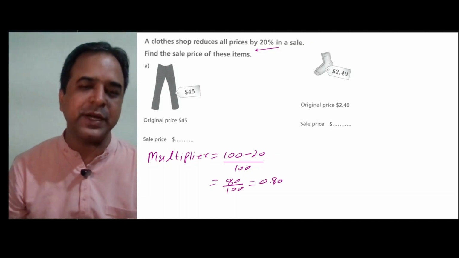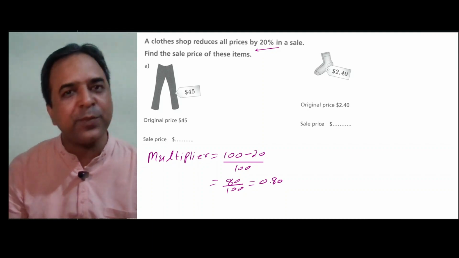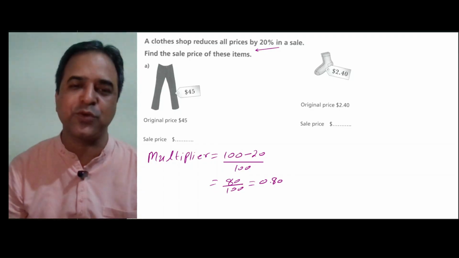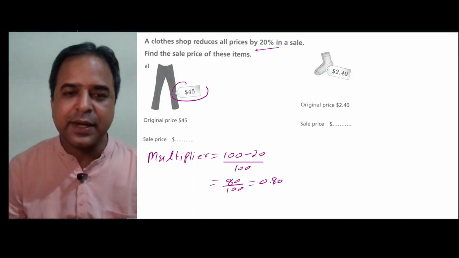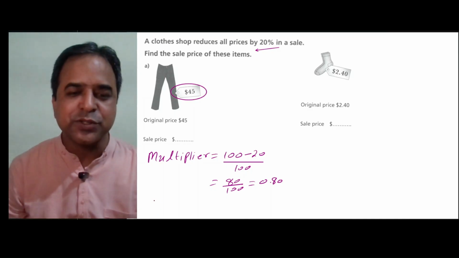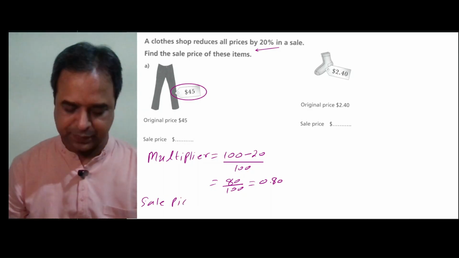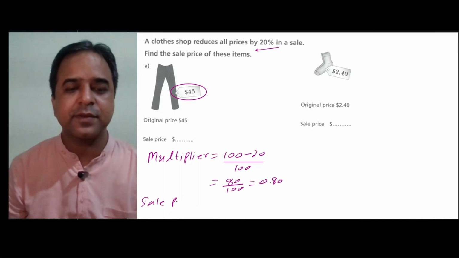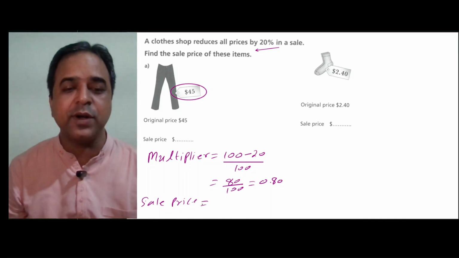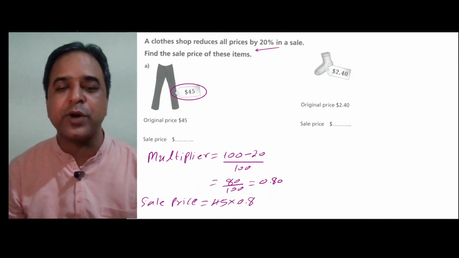So this is your multiplier. Now they are asking to find out the sale price. How will you find it? You just need to multiply the multiplier with the original price. So sale price will be equal to its original value, which is 45, multiplied by 0.80, that multiplier.